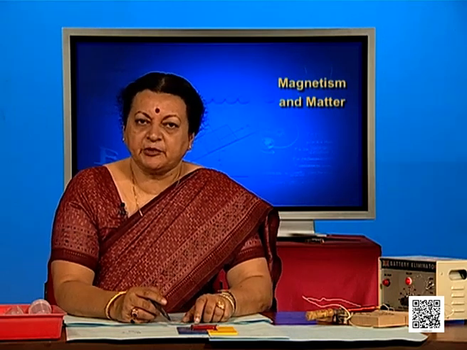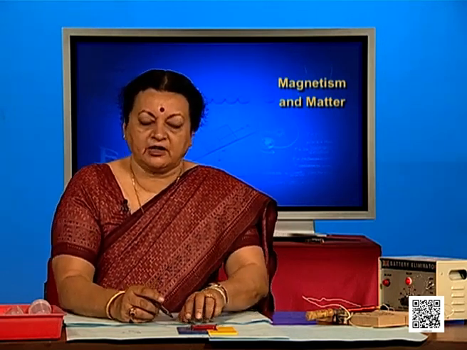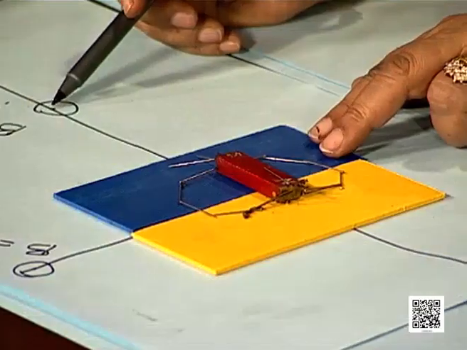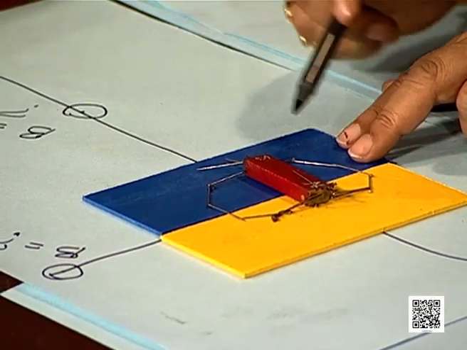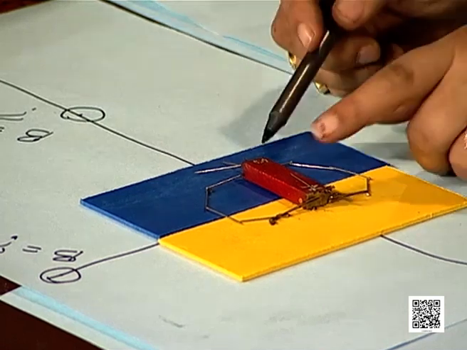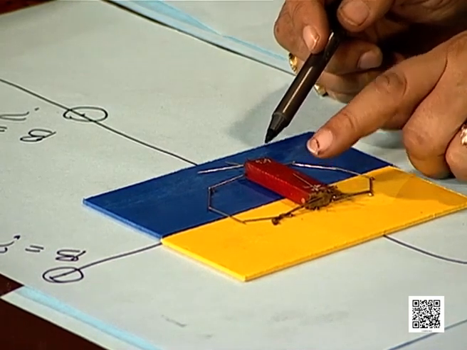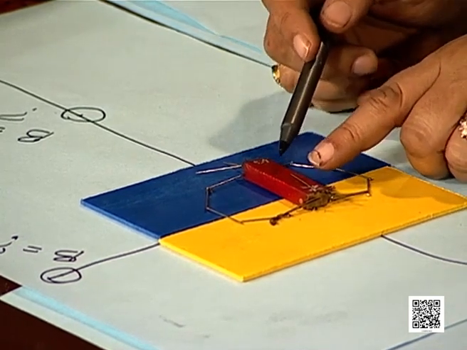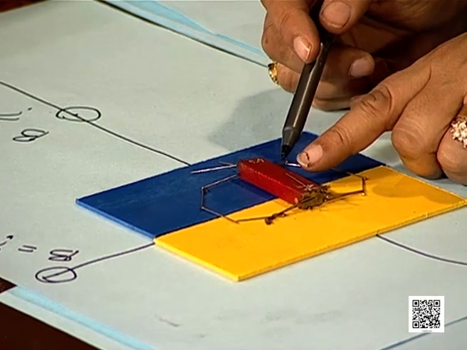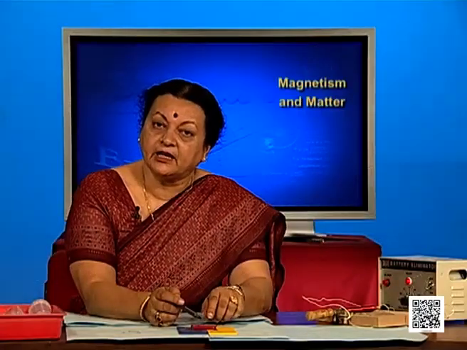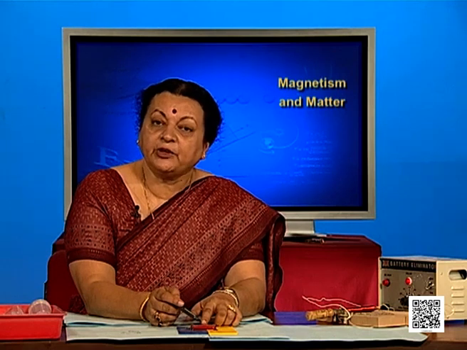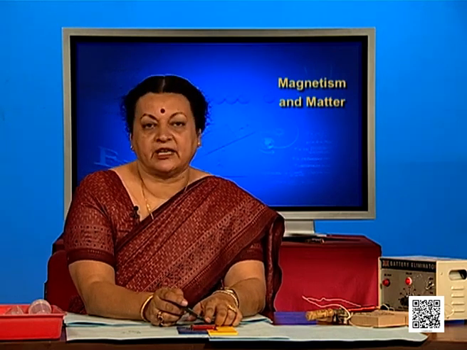This expression can be simplified by an approximation. What is the approximation? That the point we are selecting is at a distance much larger than the length of the magnet, and the element that we considered for our solenoid is very close to the center.